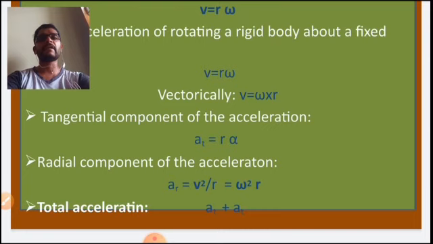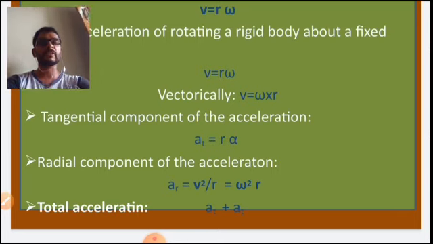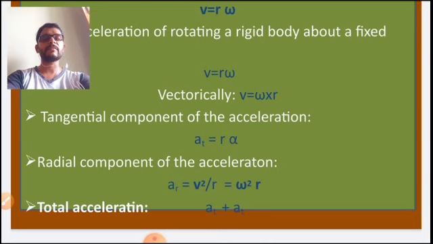In terms of angular velocity, this can be written as omega square r. Again, this can also be written as omega bar cross v bar. The total acceleration of the rotating body is the addition of the tangential acceleration and the radial acceleration. Then the total acceleration a can be written as a is equal to at plus ar.